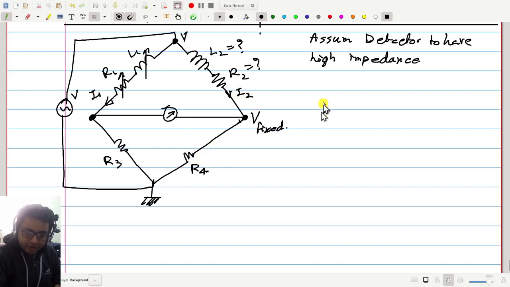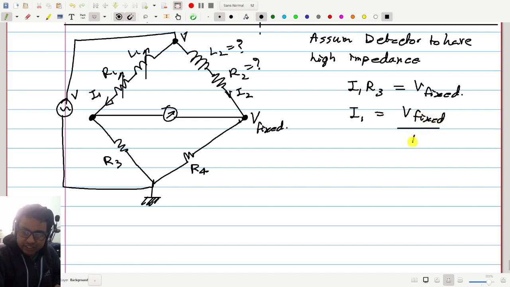So the condition required is that I1 times R3 is equal to V fixed. That means I1 should be V fixed by R3. Let me call this I star.